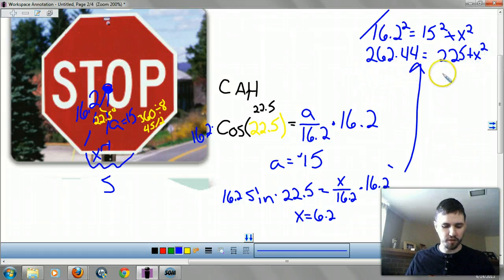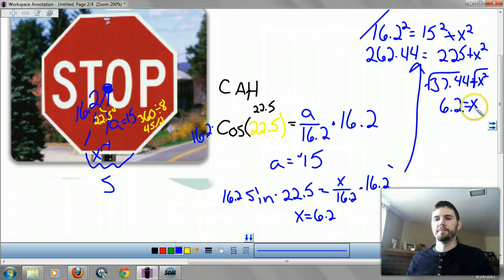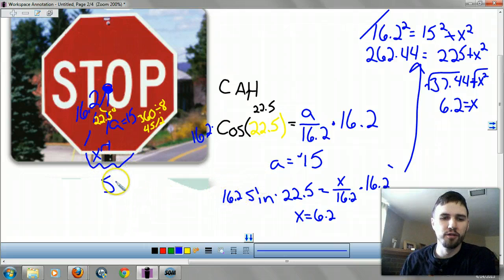So you subtract your 225 from both sides. You get 37.44 equals x squared. Square root, and you get about 6.2 equals x. Same answer, two ways. Whichever way you like, guys, you just gotta find it. So if that's 6.2, this side is 2 times 6.2, which is about 12.4, right?